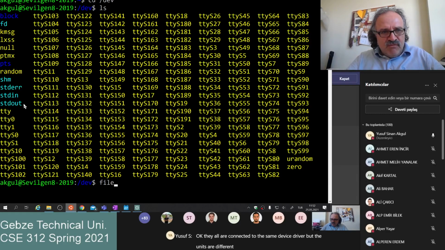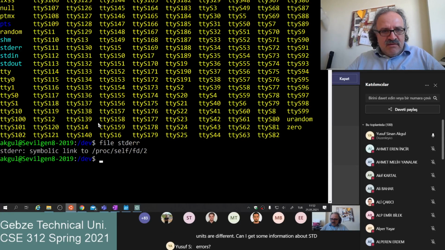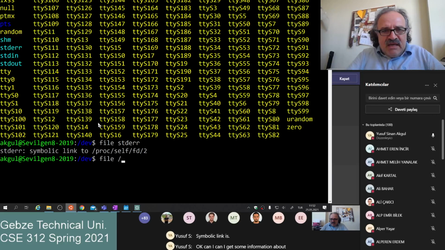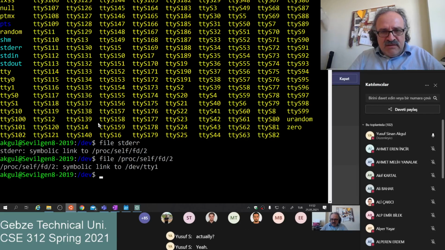Can I get some information about stderr? Symbolic link is okay. So this is actually the device driver itself. Okay, this is connected to the TTY.